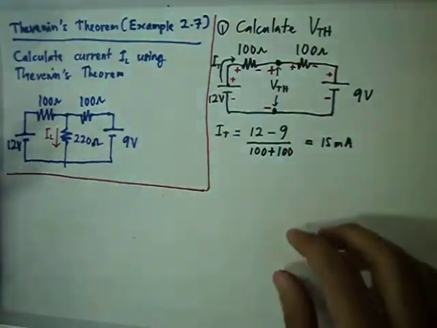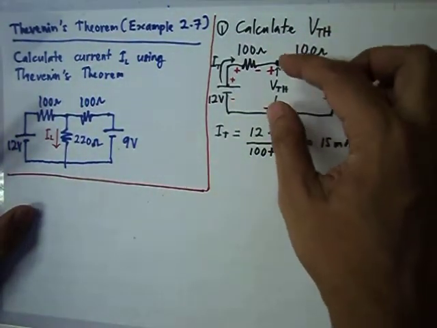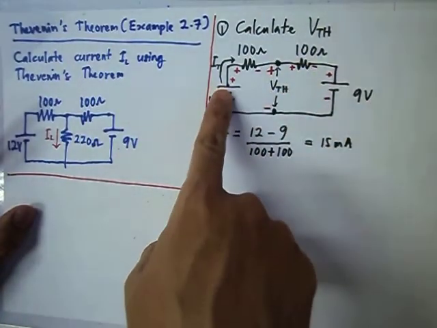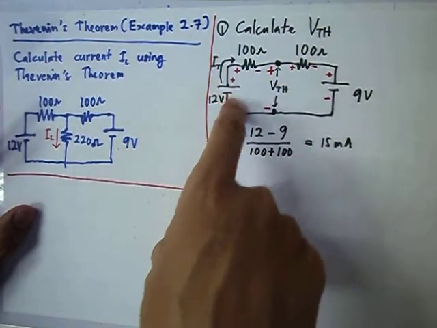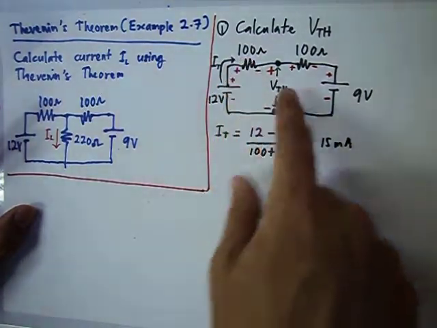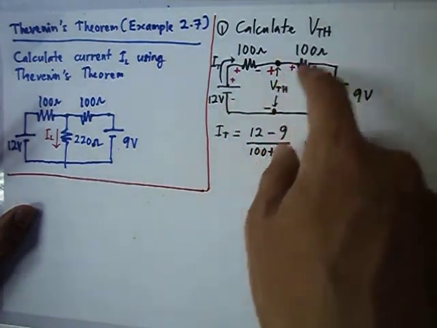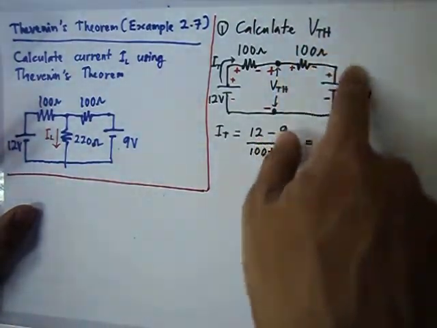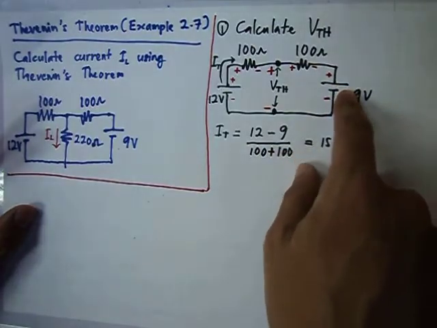Now VTH is actually the total of the supplied voltage here with the voltage drop here, and also equals the voltage drop here, totaled with the 9 volt here.